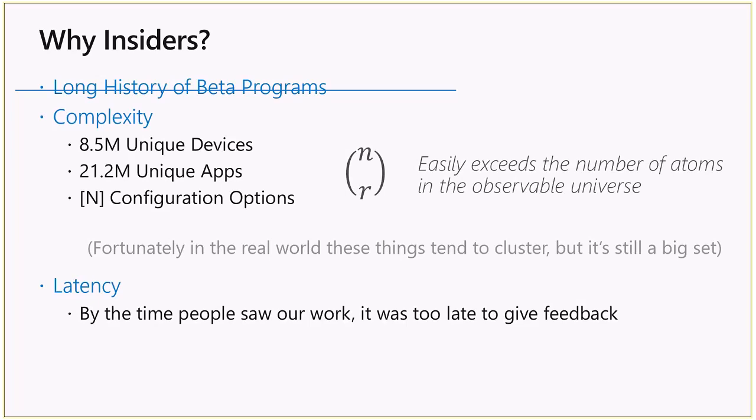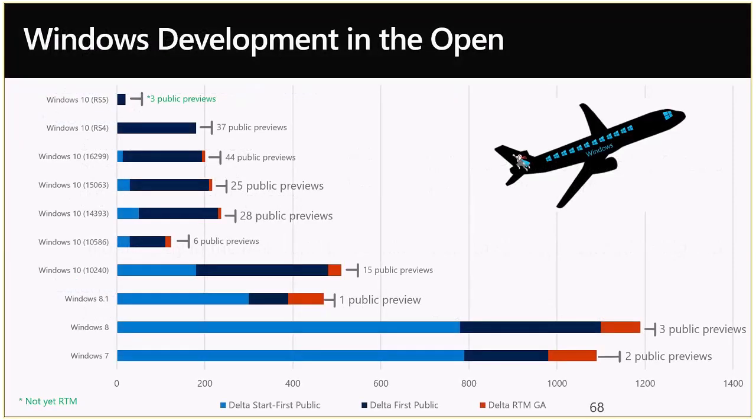There just wasn't enough time to digest all that feedback and put it into the next product. As you can see by this graph, we went from 2 public previews at the bottom to 3 public previews at the top. We're actually releasing the next release before the current release has even shipped. So we went all the way from one end of the spectrum to the other.